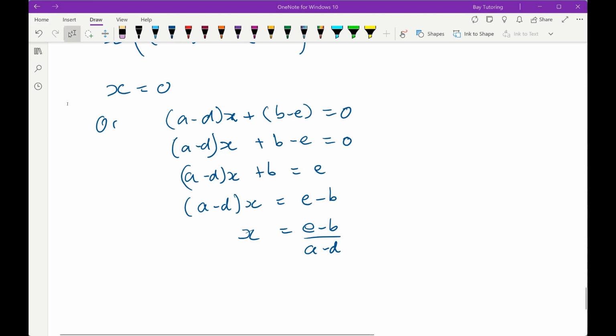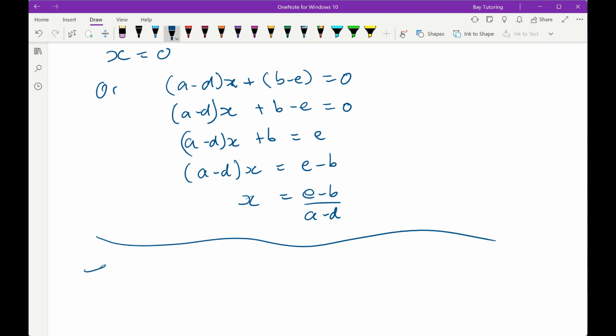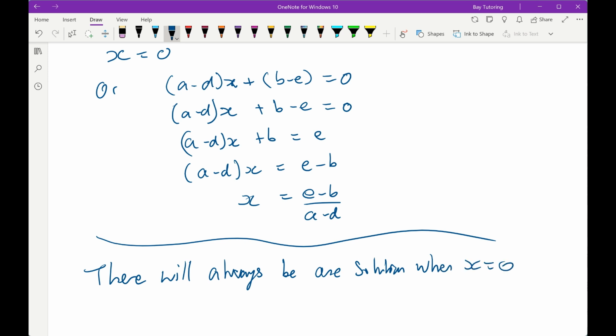So let's put all this together into our answer. There will always be one solution when x is 0.